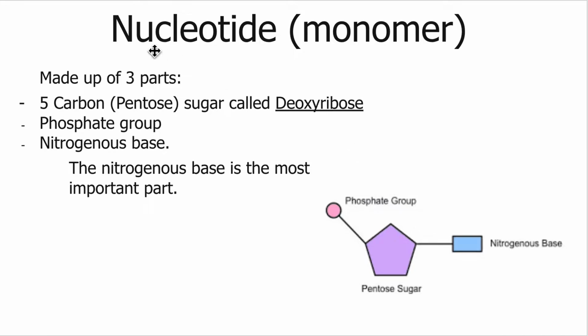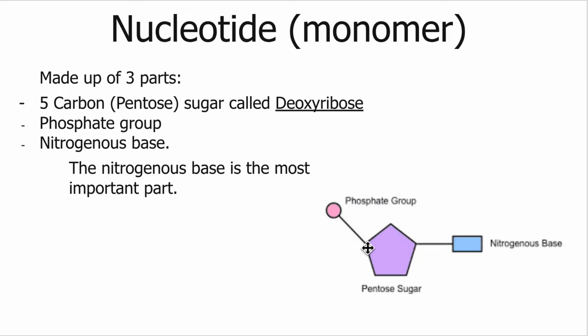There are 3 parts to this nucleotide, and you'll hear me refer to them as a house, a pool, and a basement. The reason I call this a house is because it is a pentose sugar, and that word pentose reminds me of the word penthouse. Pentose sugar just means it's a 5-carbon sugar.